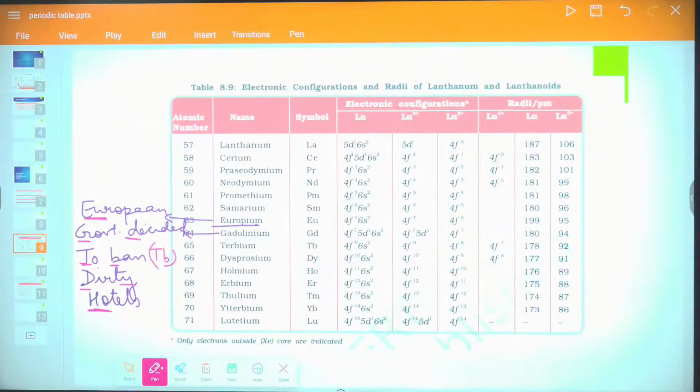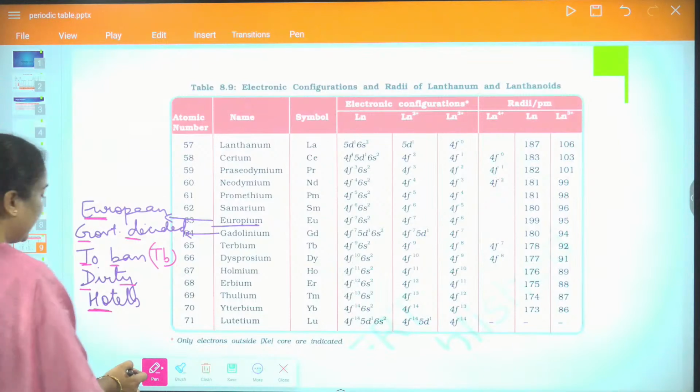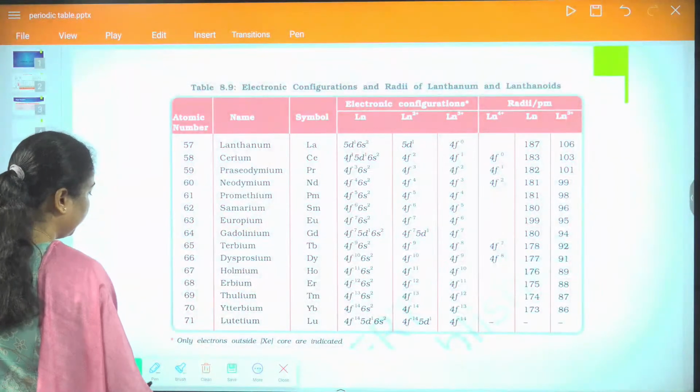Yes, written. Okay. Now let us go towards the next set here, which is the last one.